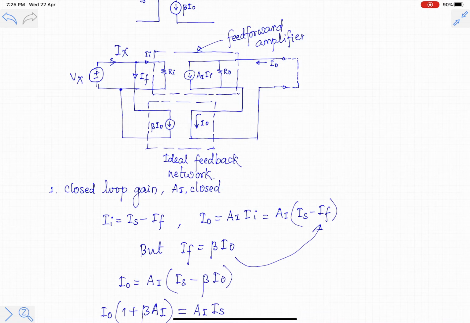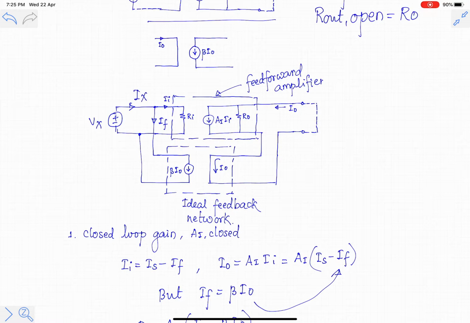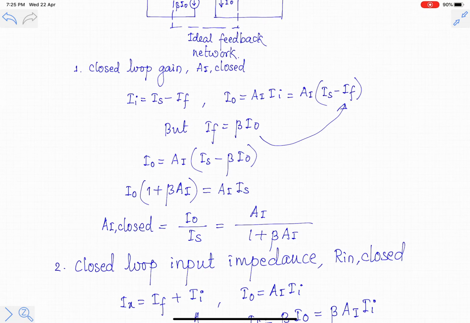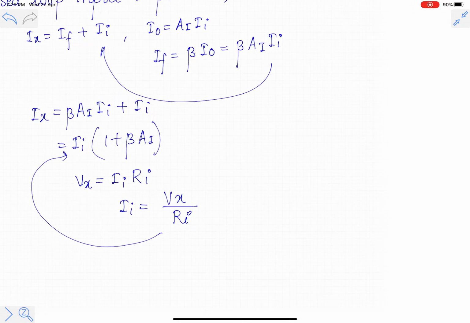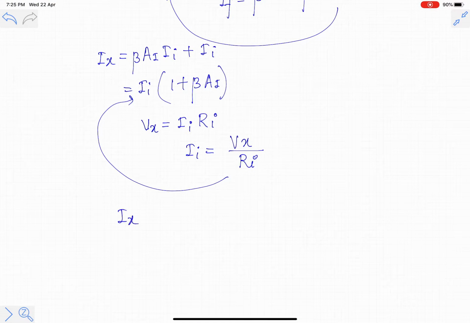But we can also observe that Vx is equal to II into Ri. So from this we can see that II is equal to Vx divided by Ri. Putting this value of II here, we will get Ix is equal to Vx divided by Ri into 1 plus beta into AI.